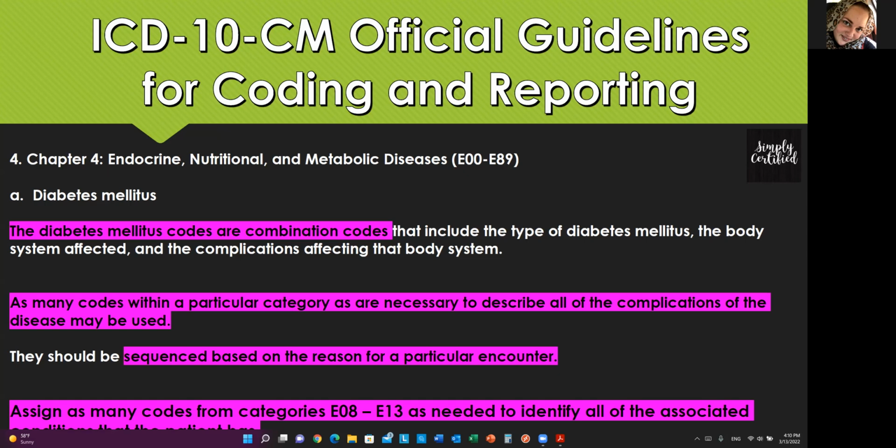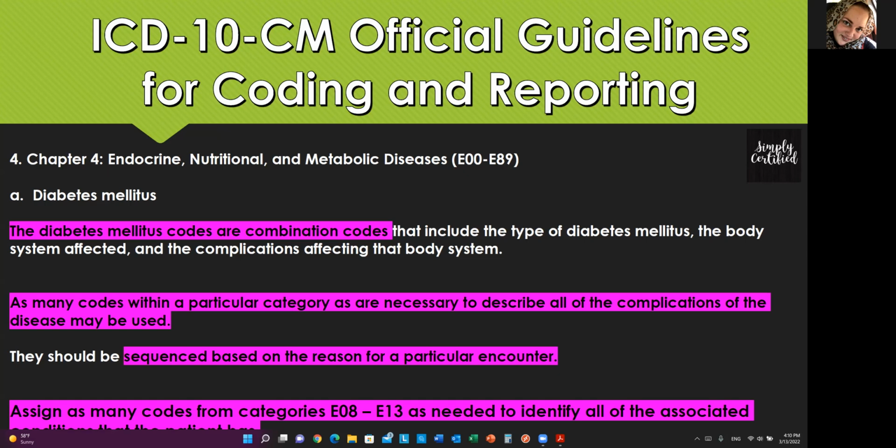If they have type 1, it would code to the E10 category block. So if they have type 1 diabetes and they have 10 complications of it, you're going to be coding 10 or more codes probably, but they're all going to start with E10.